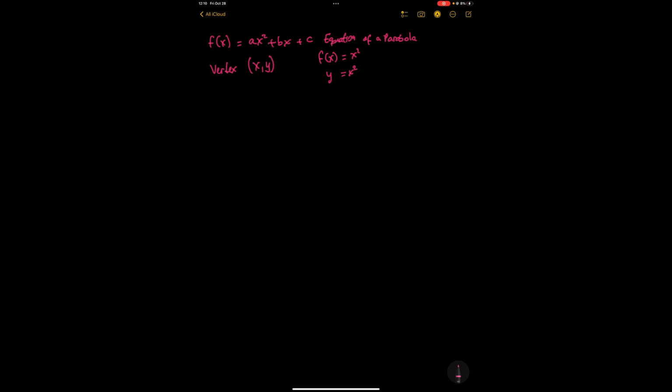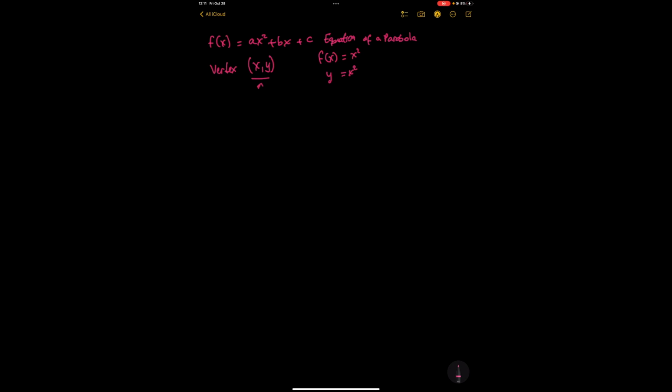Remember, that's one point, and a point has two coordinates. It is the point with the smallest y coordinate when the parabola opens upward, and the point with the largest y coordinate when it opens downward.